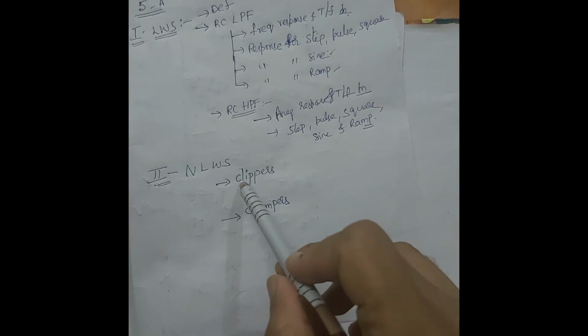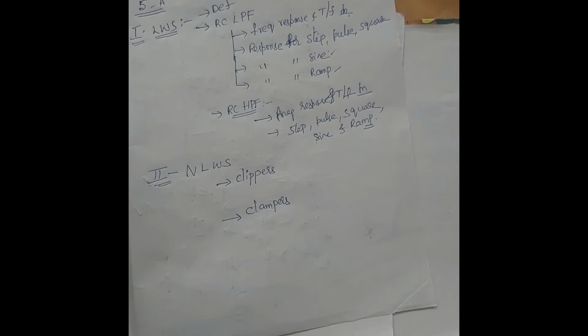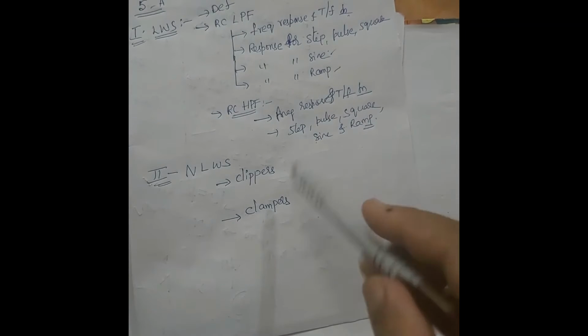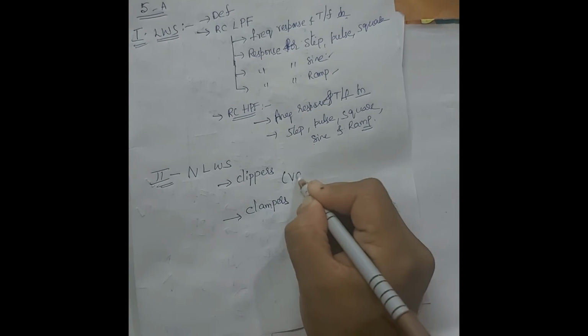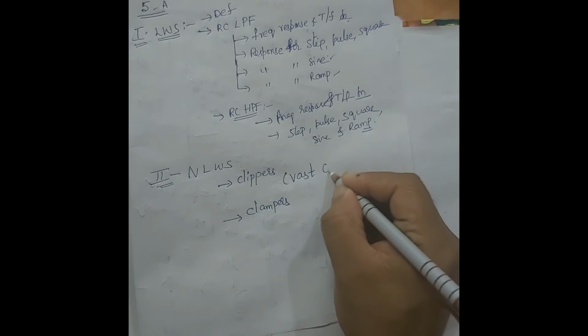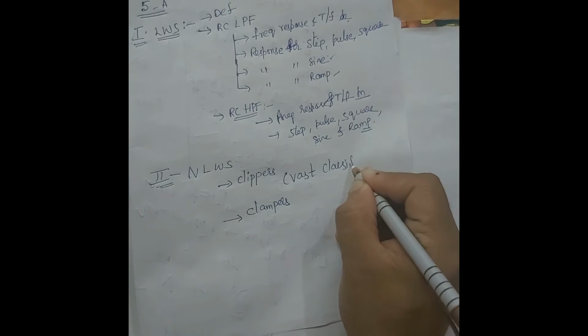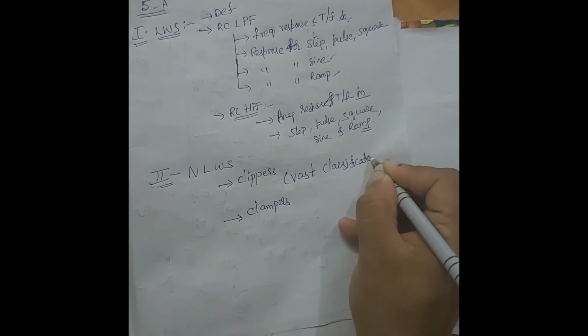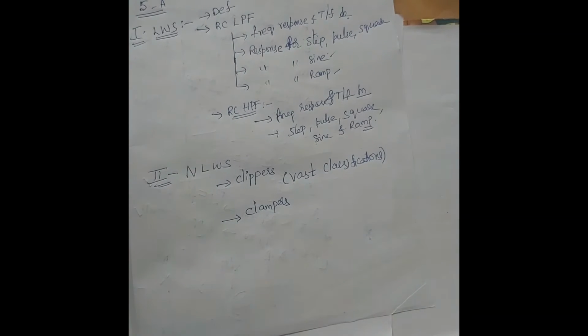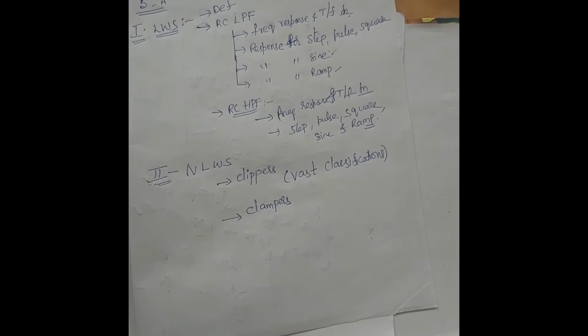There will be Zener diode clippers, single-ended clippers, double-ended clippers. There is a vast classification of clippers. And clampers, above reference level and below reference level. Clampers will be somewhat simpler than clippers.